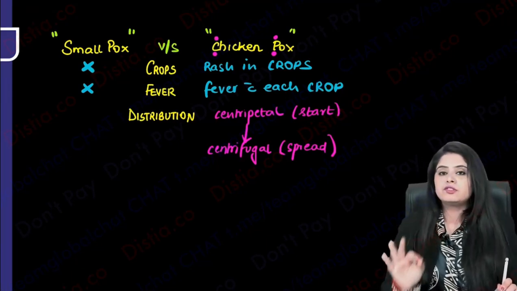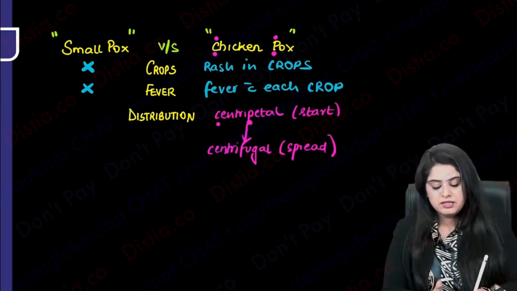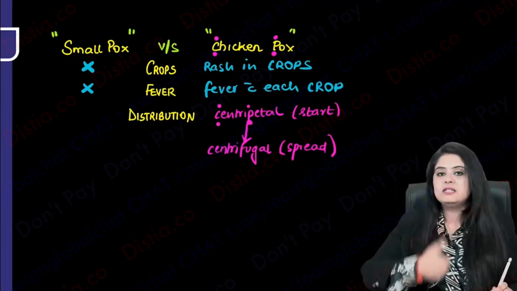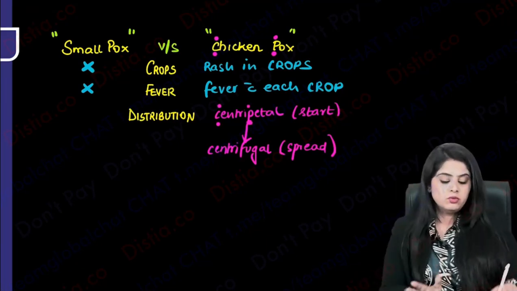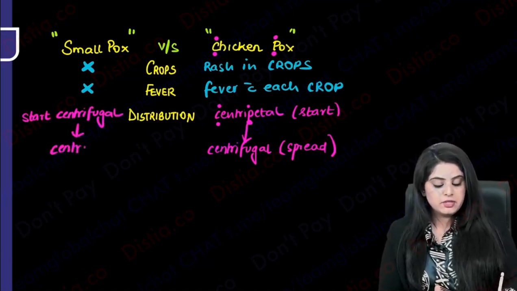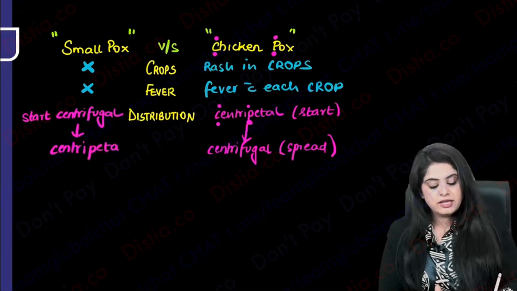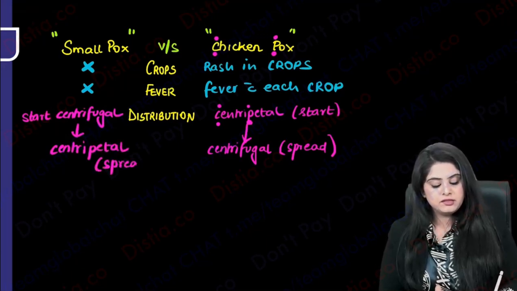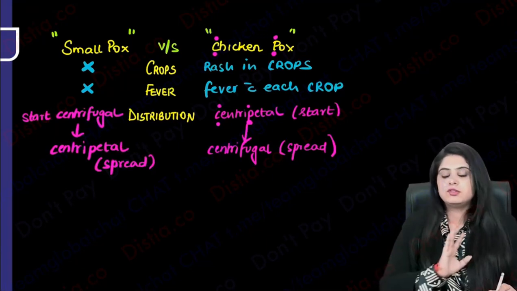In chickenpox the starting is going to be centripetal, then it will go out, whereas in smallpox it's the opposite. The starting is going to be centrifugal, on the outside, a centrifugal distribution, and later on it can come into centripetal. So that is the spread that will happen. So you know now: starting CP mein CP, and smallpox mein opposite.